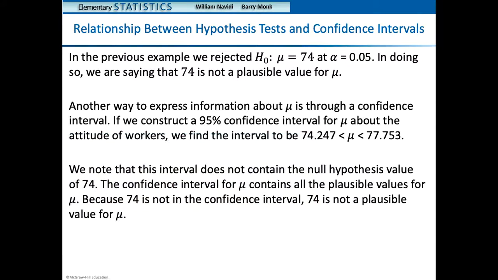Okay, so what we've done now is we've actually looked at two different ways of analyzing a population. One way is to create a confidence interval. Another way is to conduct a hypothesis test. The purpose of a confidence interval is to estimate the value of a population parameter.